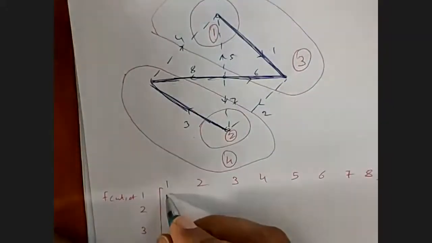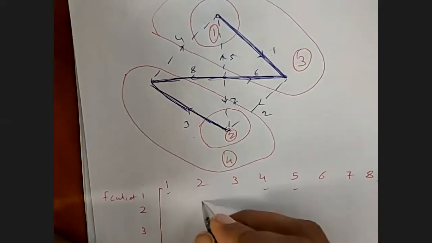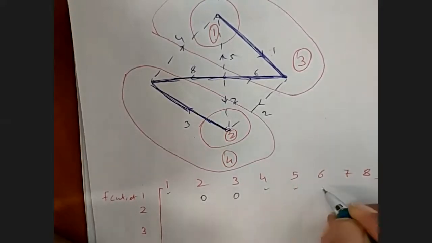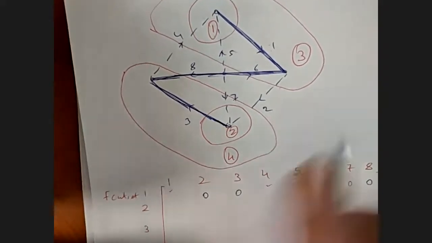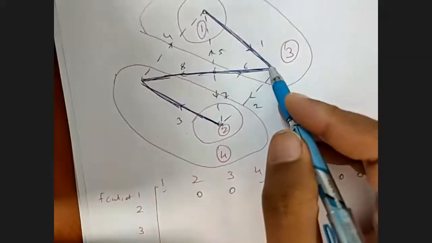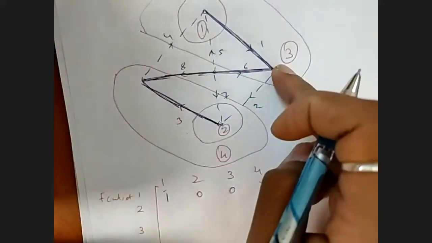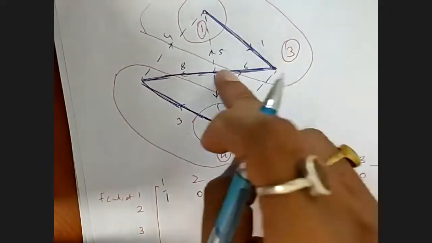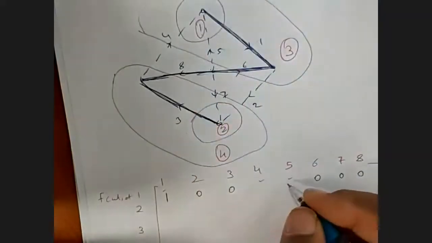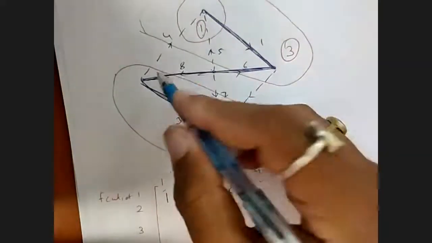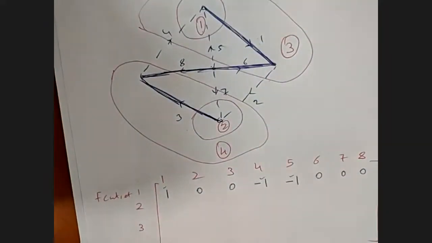So that means 1, 5 and 4 will be there, 2, 3, 6, 7, 8 will be 0. 1 is outgoing, that means 1 will be plus 1, and outgoing will be considered as plus and incoming will be considered as minus. So 5 is incoming, that means 5 is minus 1. 4 is also incoming, that is 4 is also minus 1.